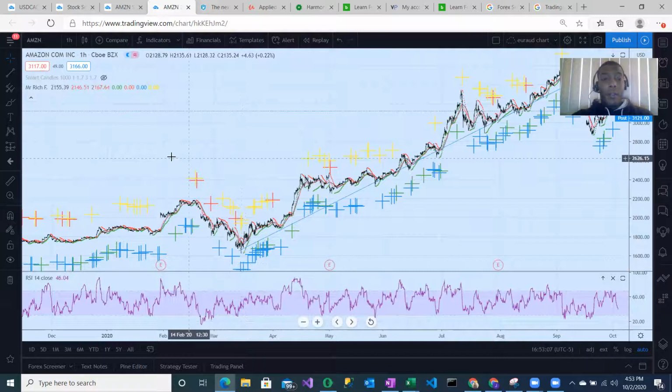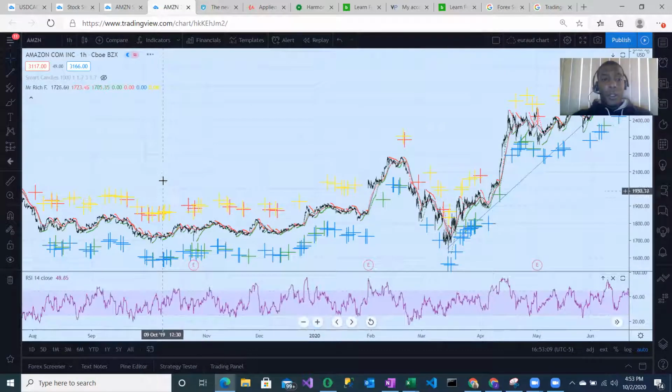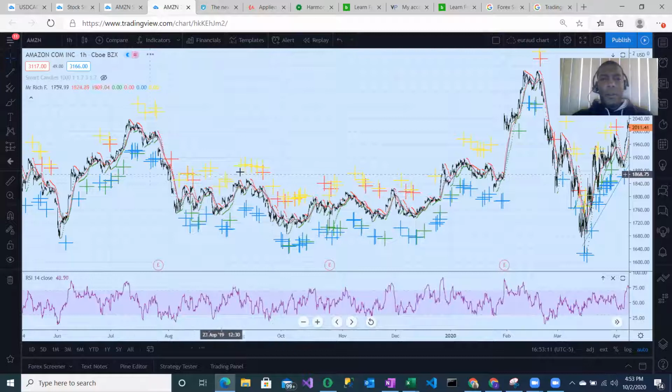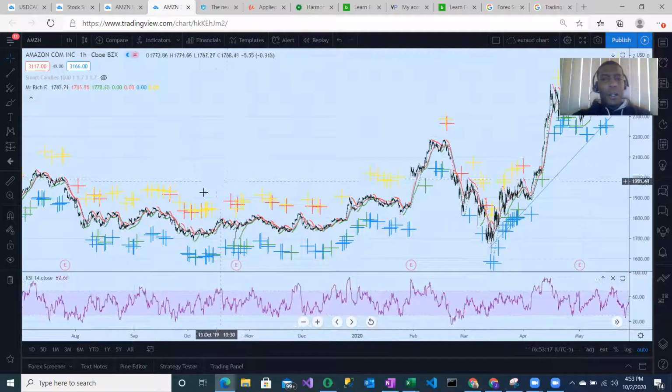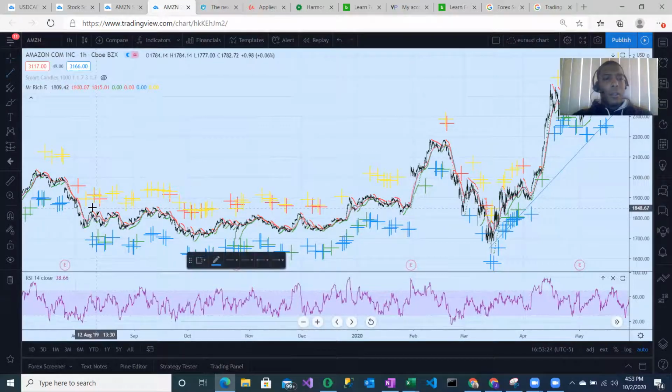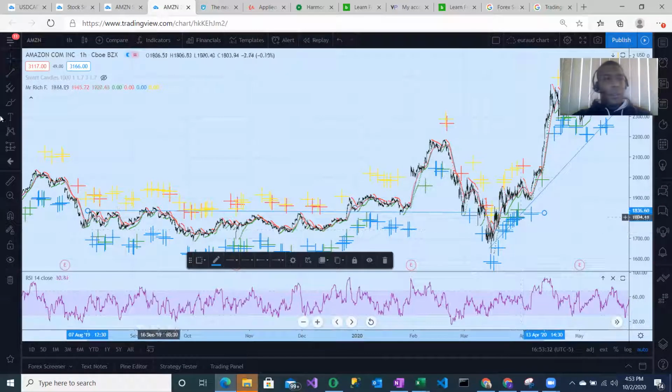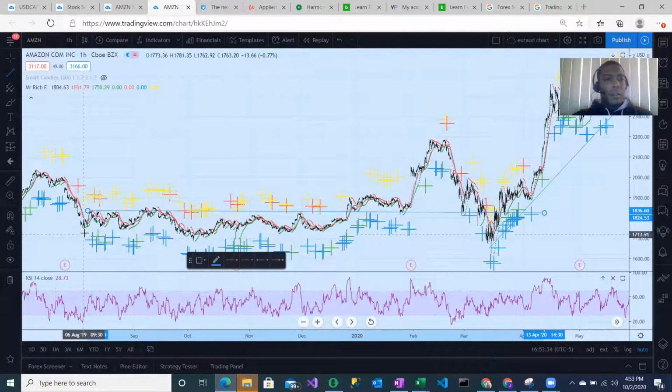But if we go back pretty far, you can see here in 2019, before the coronavirus thing kicked off, the market was at a bit of a stalemate.